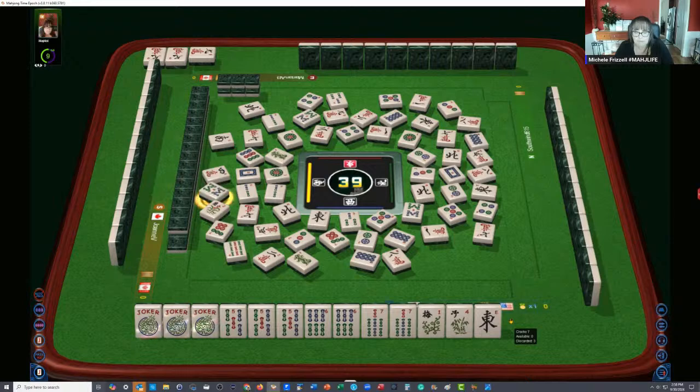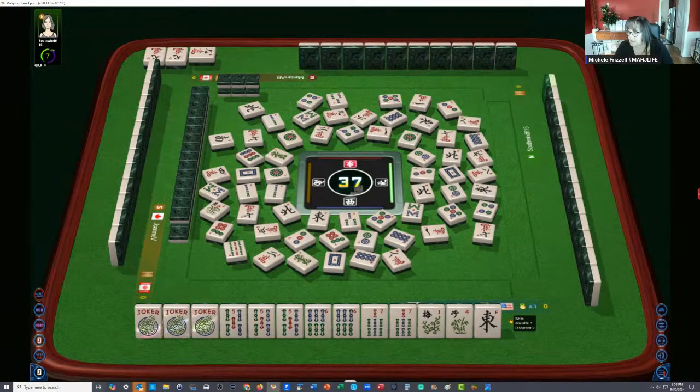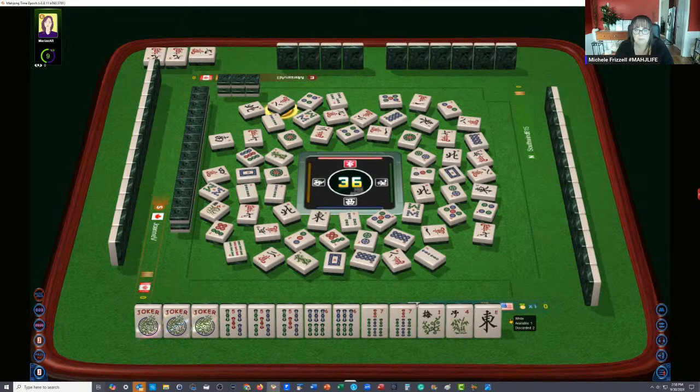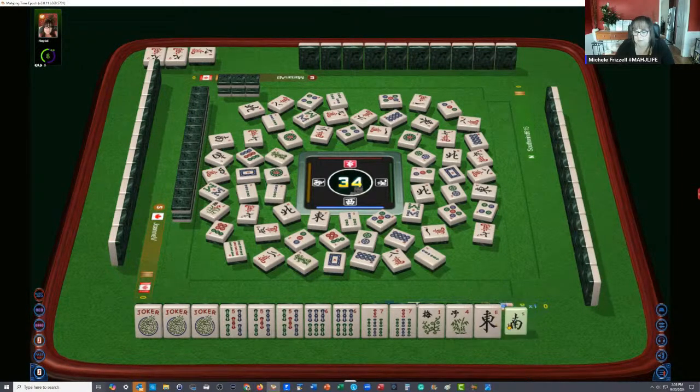Eight bamboos. Oh my goodness, come on now. White dragon. Two bamboos. Eight characters. Wow. South wind. Oh my goodness.